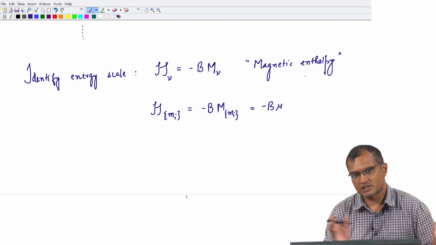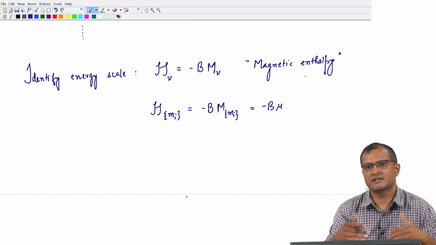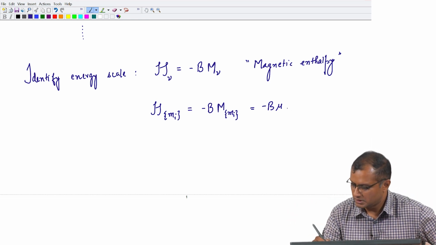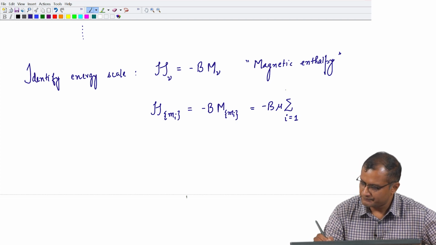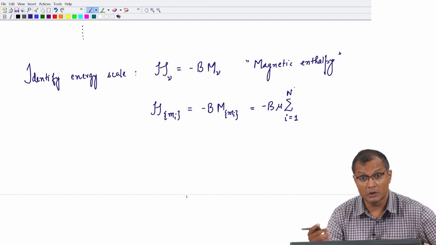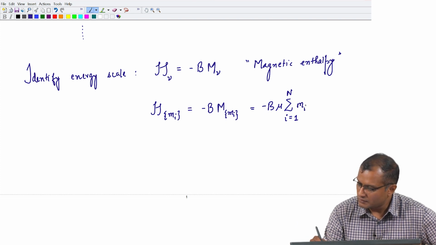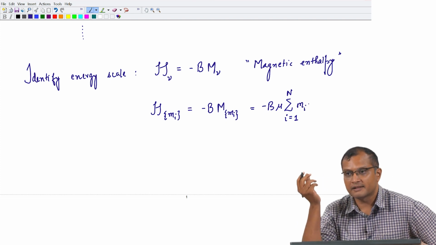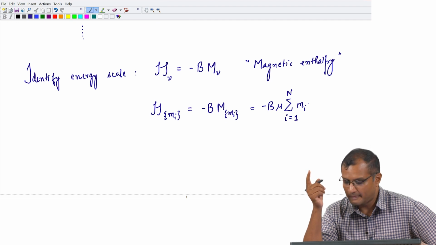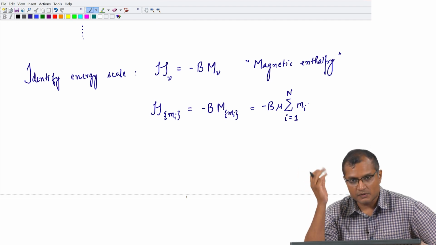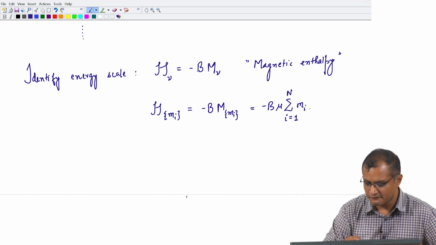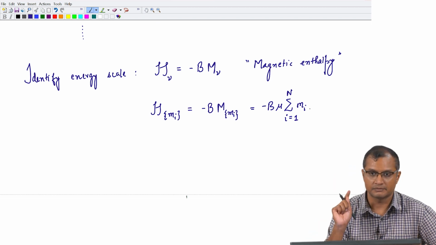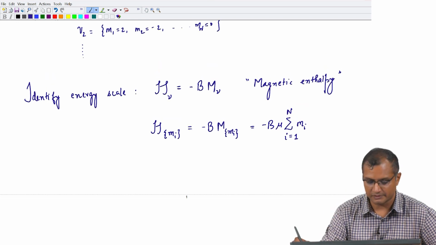So, you sum over all the spins along with their excitations, you get the total magnetic moment. So, this is just a summation over I going from 1 to n, the total degrees of freedom in your problem of your spin excitation. This is my magnetization of the certain microstate. So, the MIs that I take here in the summation are the MIs that are fixed by the microstate, like I have shown here.